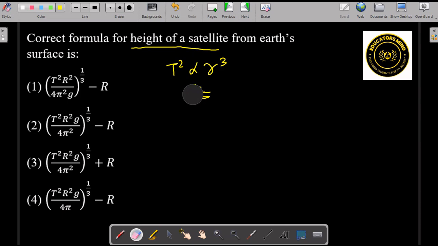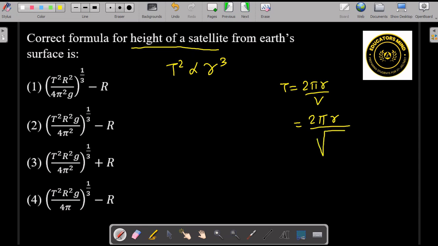Otherwise, if you have forgotten, then you have to think that time period is 2 pi r by speed, and speed is root under GM by r, right?